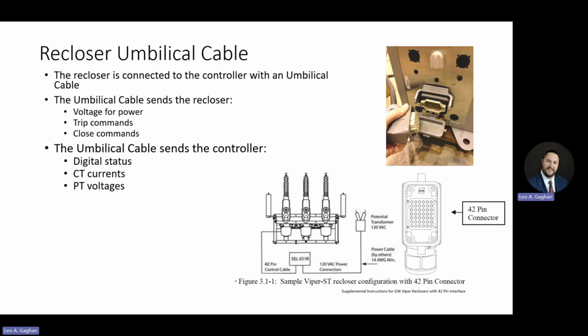And then we have our trip signals that go back. So as mentioned, it brings voltage for power, trip commands, close commands, and then it sends information such as digital status, CT currents, and PT voltages. All the same information we generally want from a breaker and a relay, right?